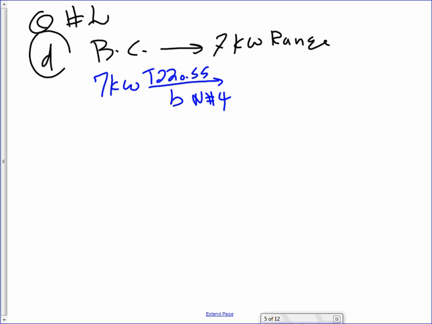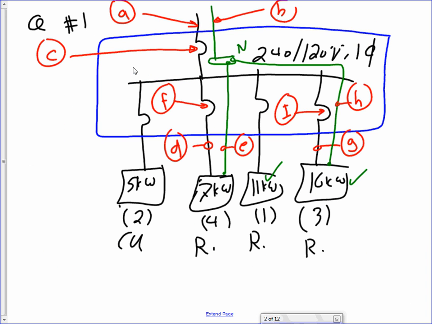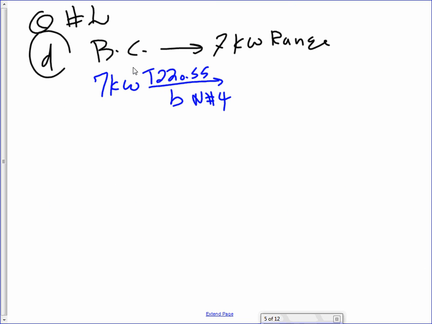From column B and note number 4 of that table, it tells you it can apply for ranges. Is the 7 kW a range? I thought it was a range, right? For ranges in particular, yep, the 7 kW is a range. For ranges only, you can actually apply the table also to the branch circuit. Did you guys hear me?